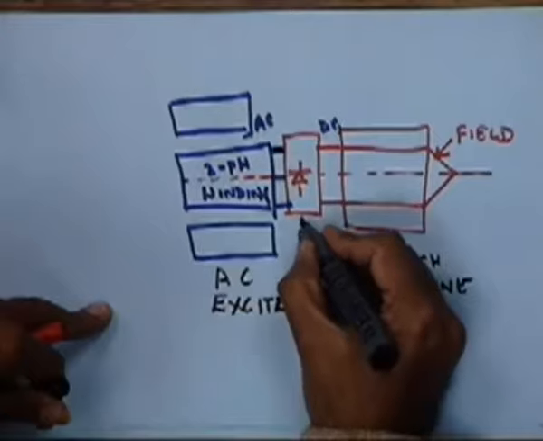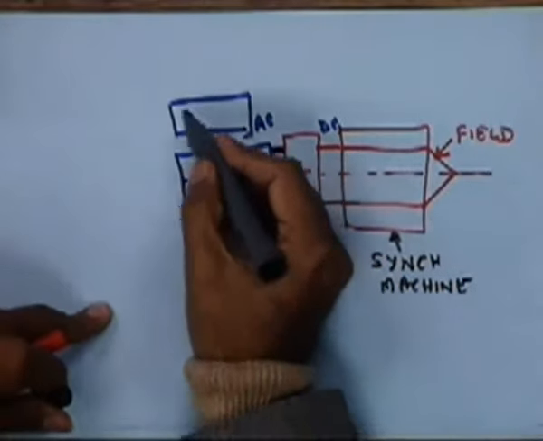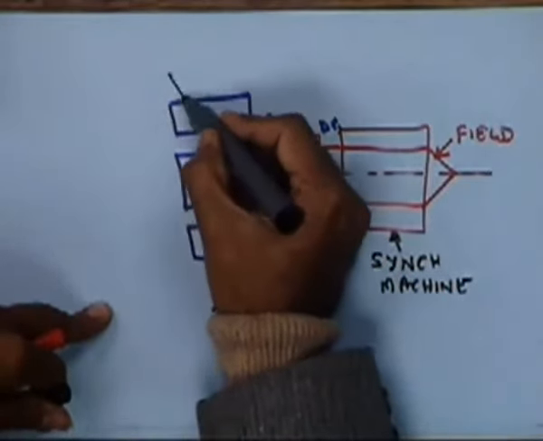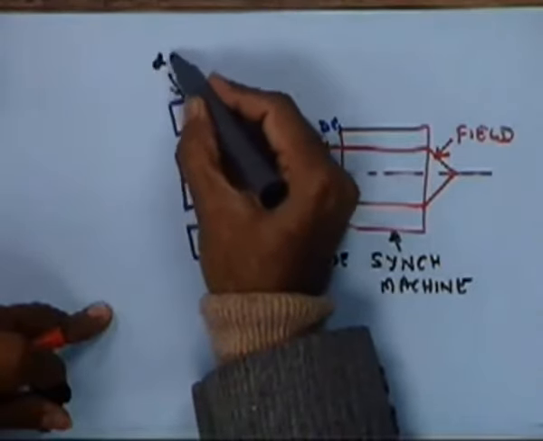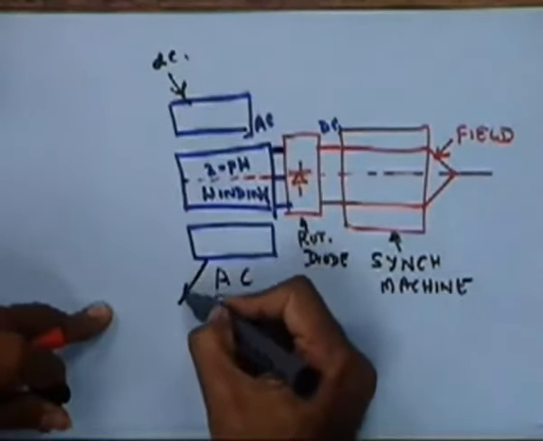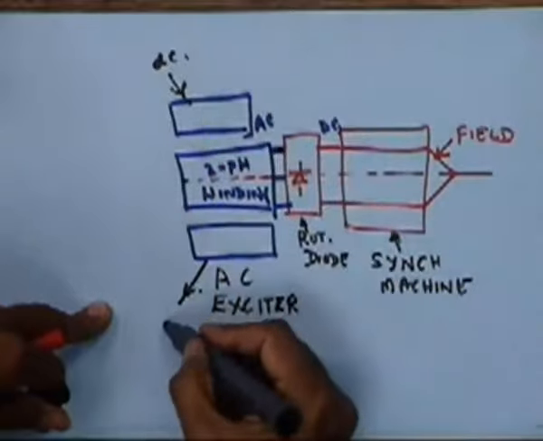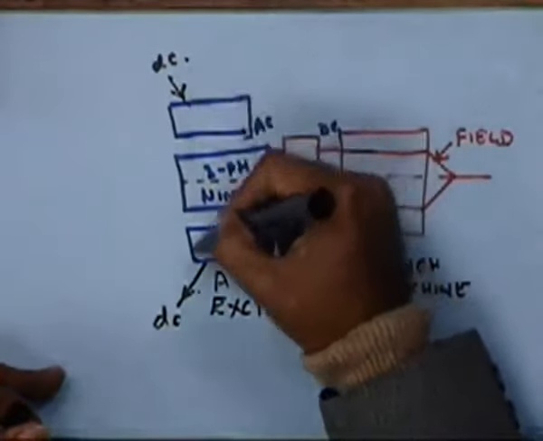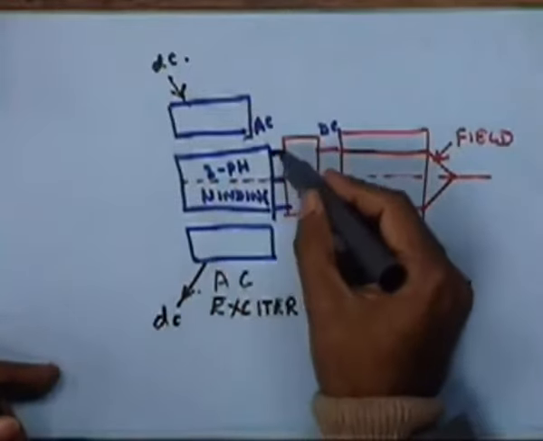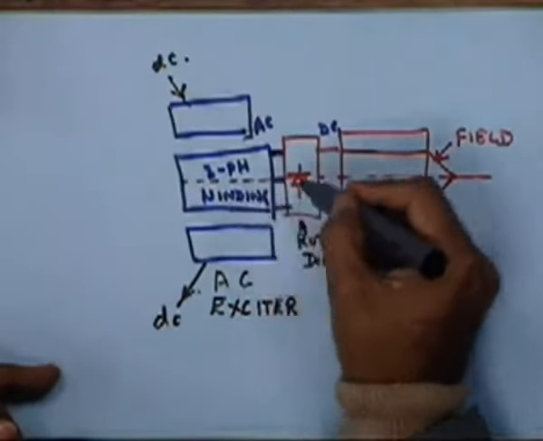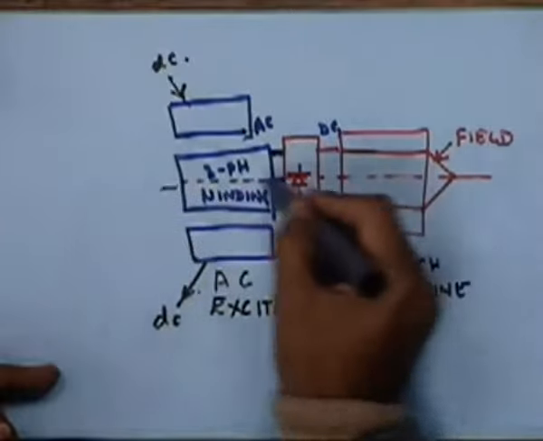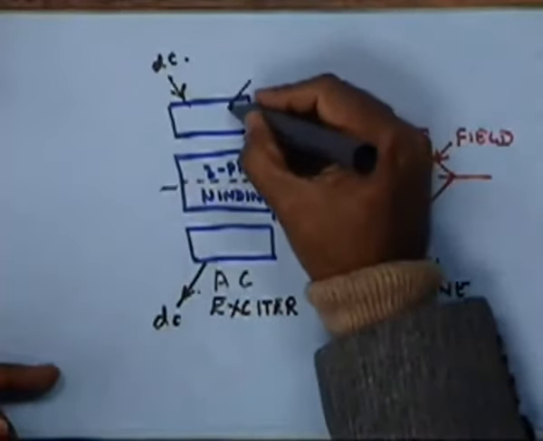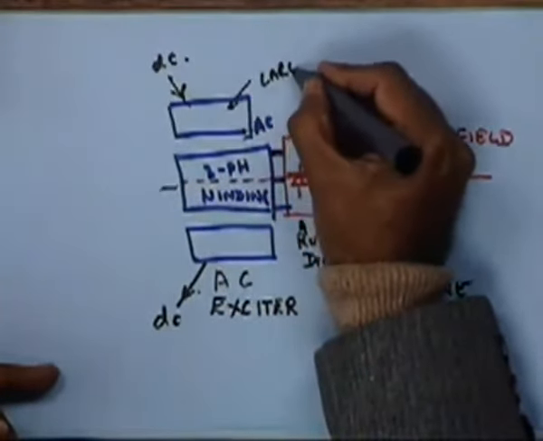So you will notice that here you are feeding DC. There are windings here in the stator. By controlling the DC current here, you can control the voltage here, because this is all run on the same shaft, but they normally have large poles.